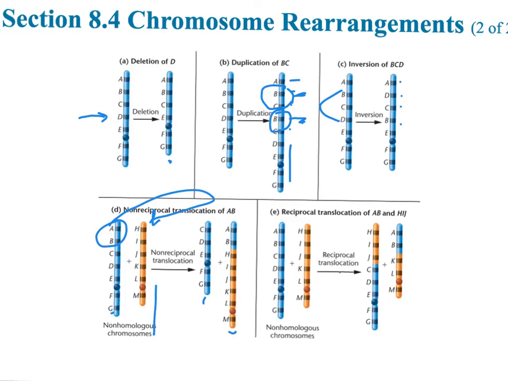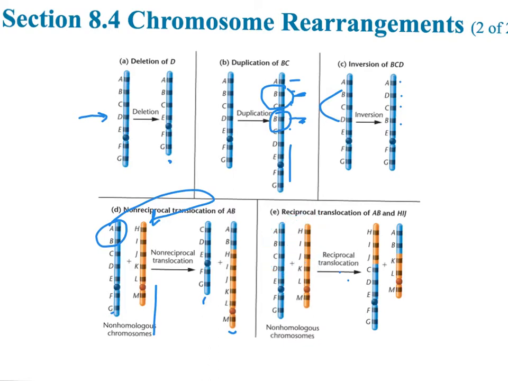And then the reciprocal translocation is that crossover that we were looking at, where the two chromosomes combine, but it would be like HI and J over here. It goes over to the other chromosome, and the AB comes over here, and then the HI and J goes over in its place. There's just this reciprocal exchange, but notice that it's not a 1-to-1.